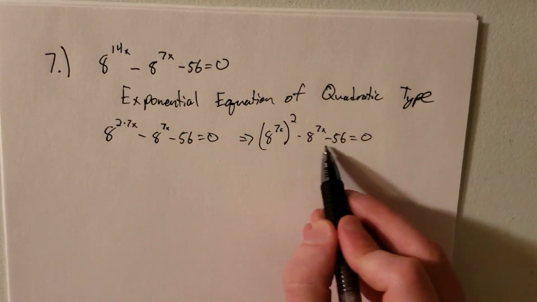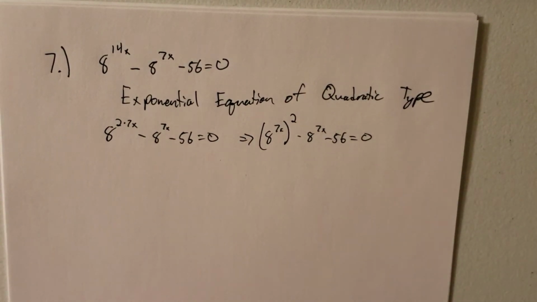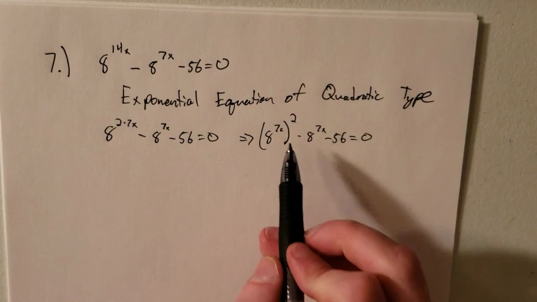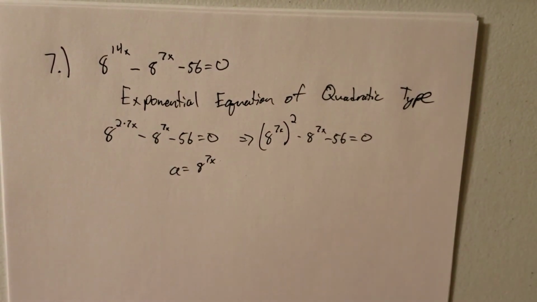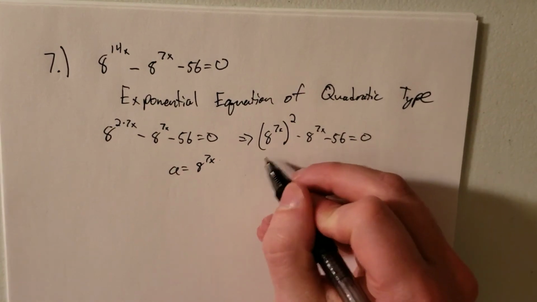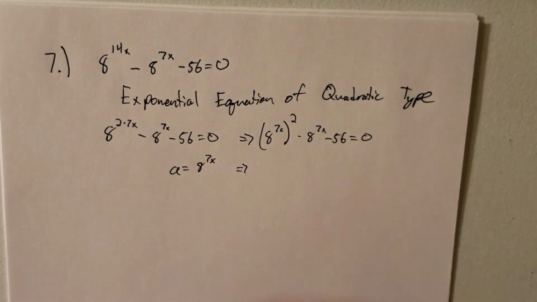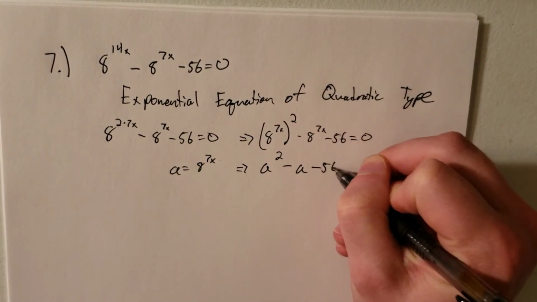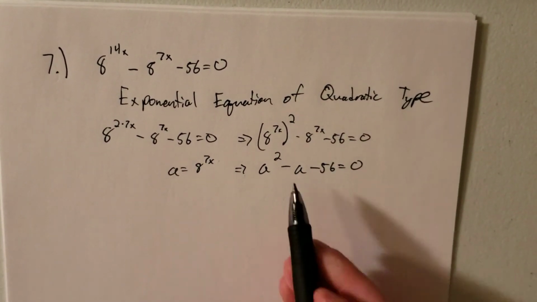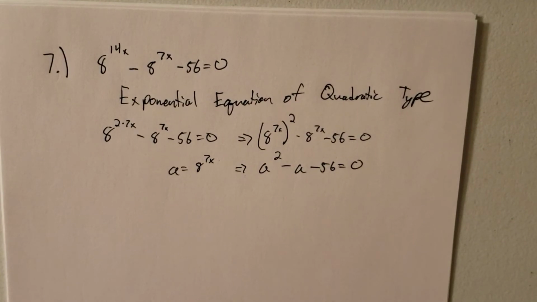So this will look like a quadratic equation. Really, if a is equal to 8 raised to the 7x, then in fact, this here is a squared minus a minus 56 is equal to 0. This is something you know how to handle.